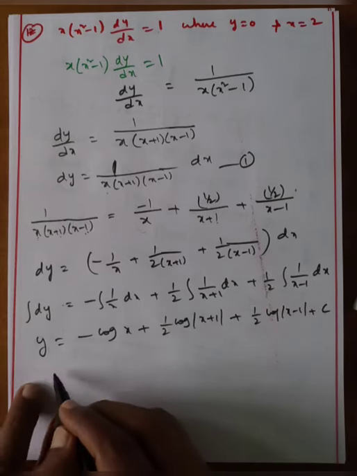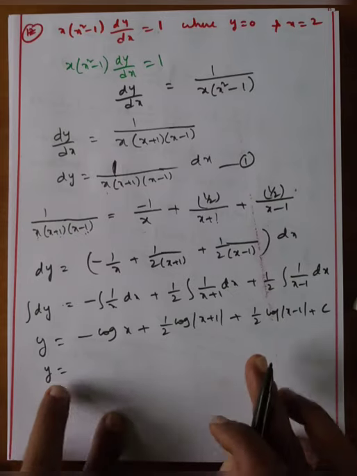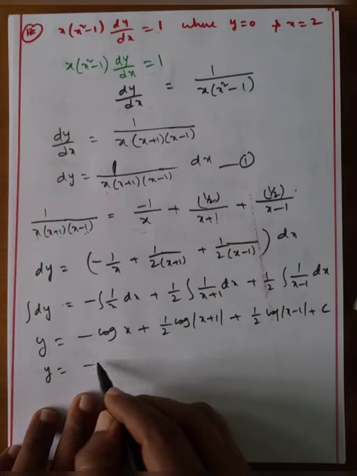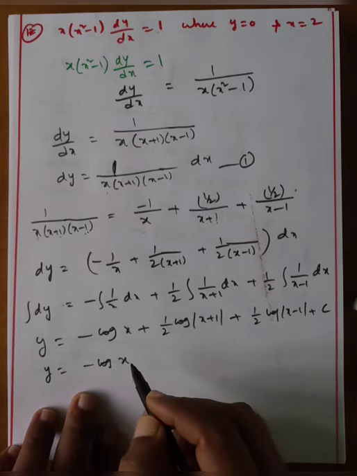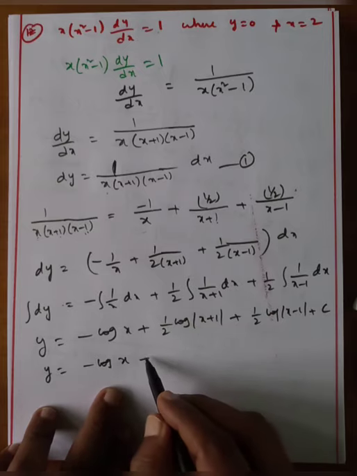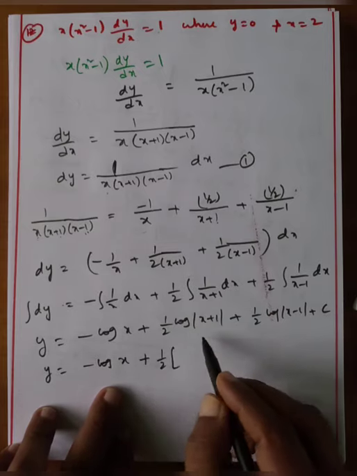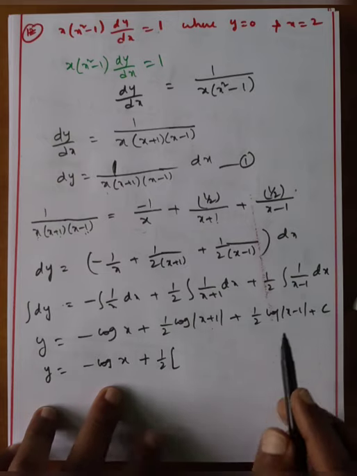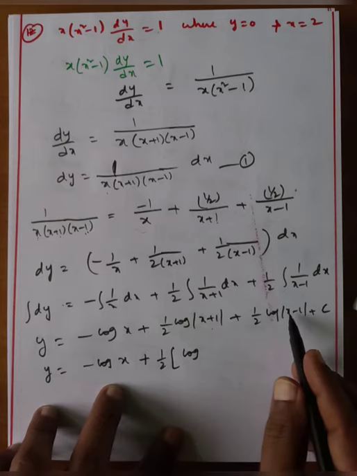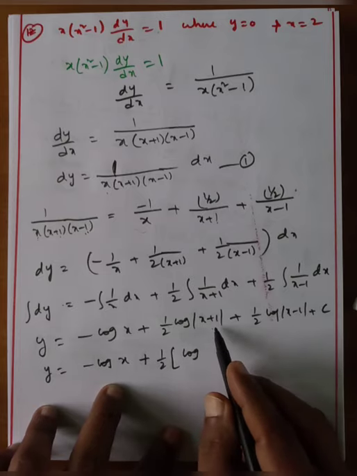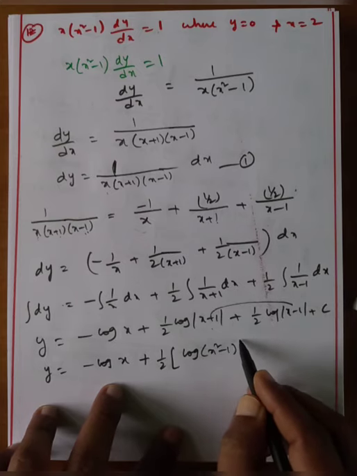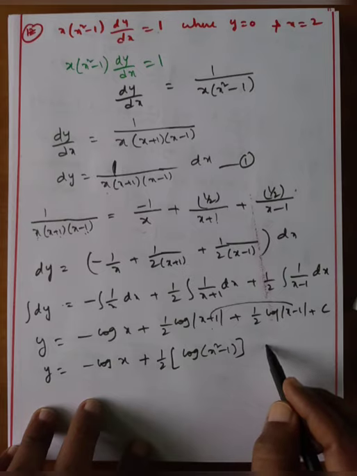Now y is equal to, taking 1 by 2 common, no problem at all: minus log x plus 1 by 2, taking 1 by 2 common, log a plus log b means log ab. Log of (x plus 1) into (x minus 1), that is x square minus 1, plus c.